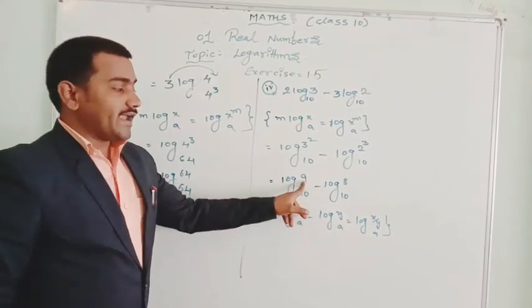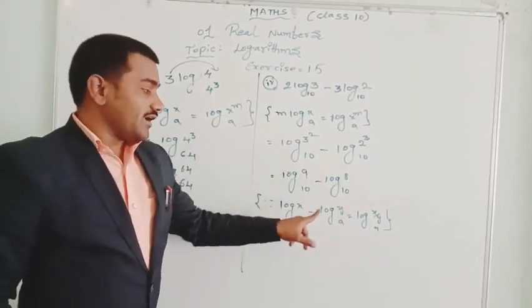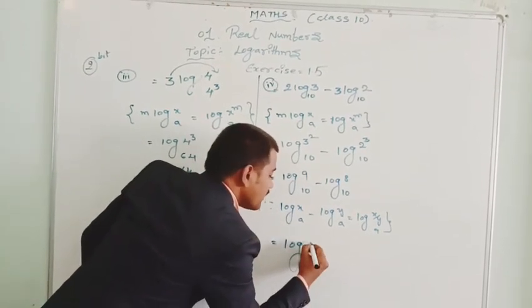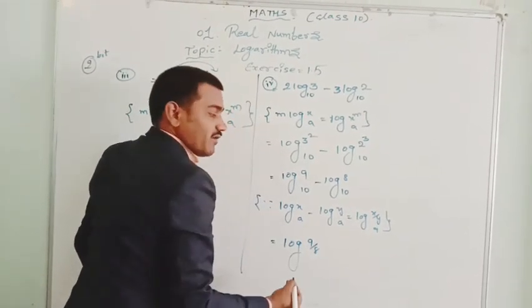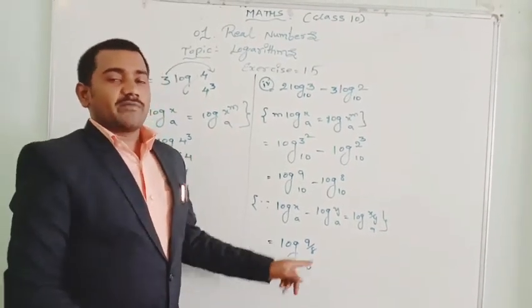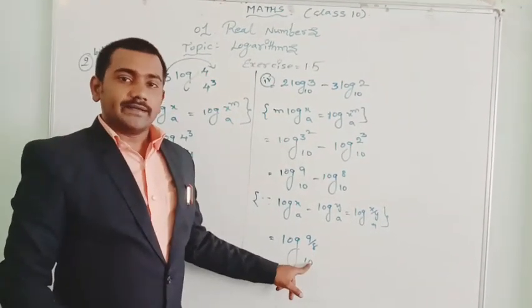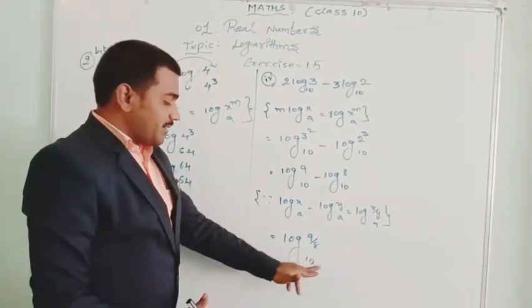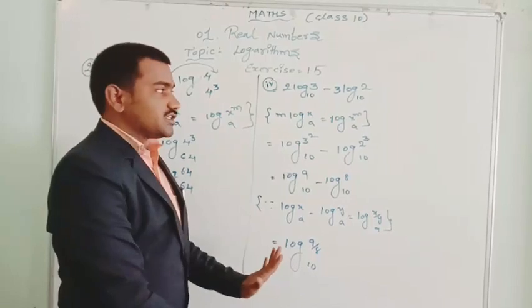So where x equals 9, y equals 8 and a equals 10. Now log 9 by 8, base 10. Again this cannot be simplified, because 9 cannot be divided by 8 and those values cannot be changed to base 10. So we will stop here itself.